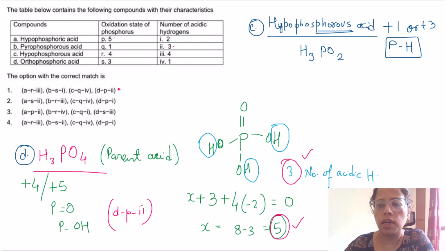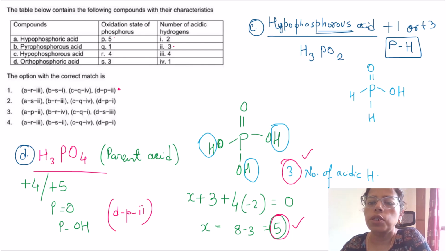So what should be the structure? For H3PO2, we have P double bond O, H, P-H and 1 OH. Now from here we can very easily calculate the oxidation state, considering phosphorus as X. We have 3 hydrogens, so +3. We have 2 oxygens, so -2 into 2, -4.